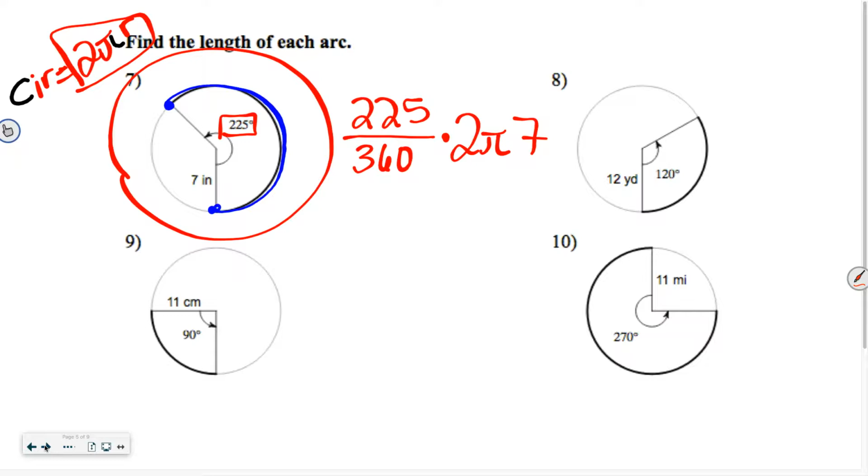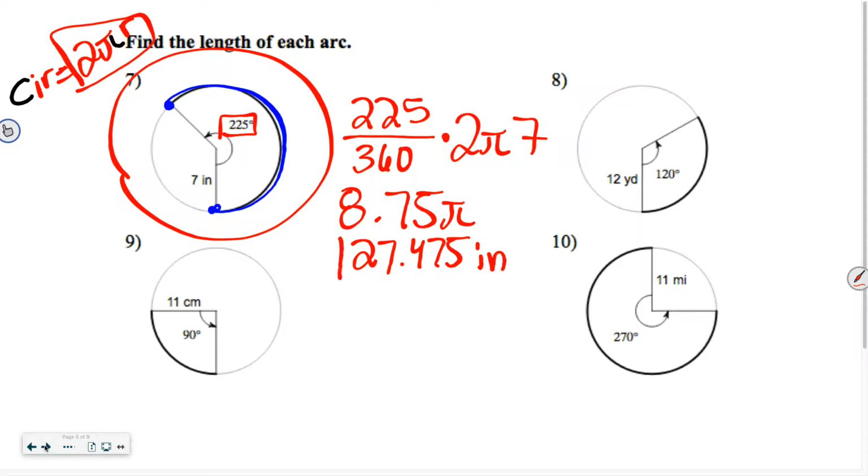So I'm going to go 2 times 7 times 225 divided by 360, and then that gives me 8.75 pi. And so I can now go times 3.14 for pi, and that gives me 27.475, and then it's inches. So that's how long the string is from that one point to the other point.